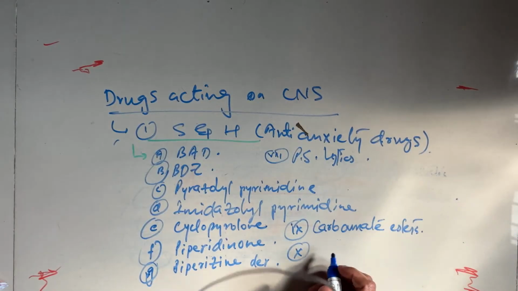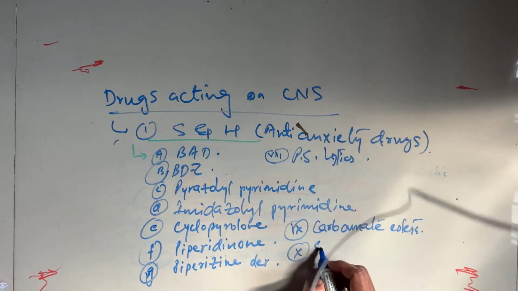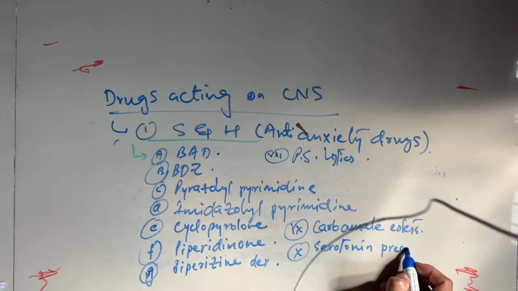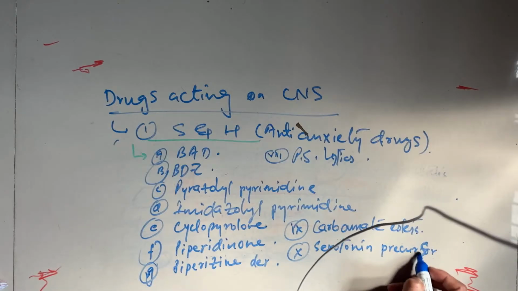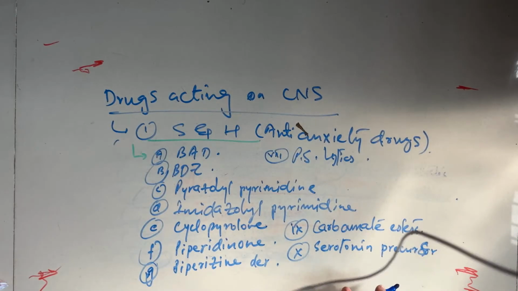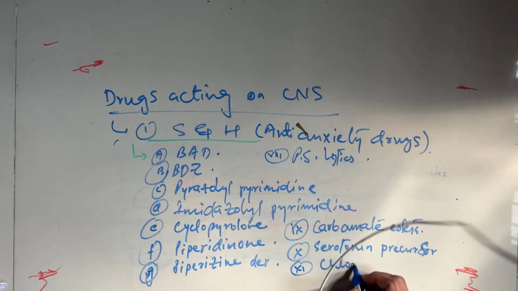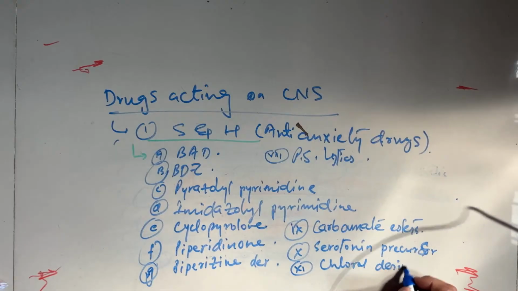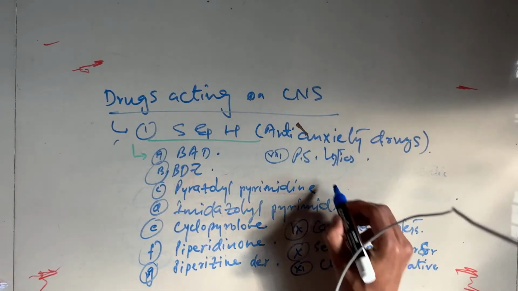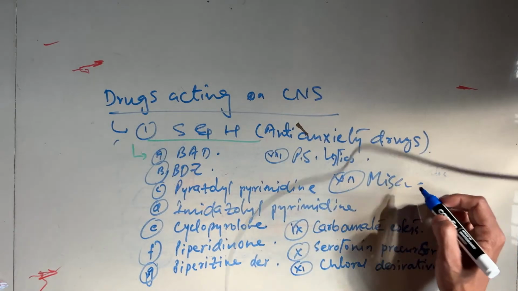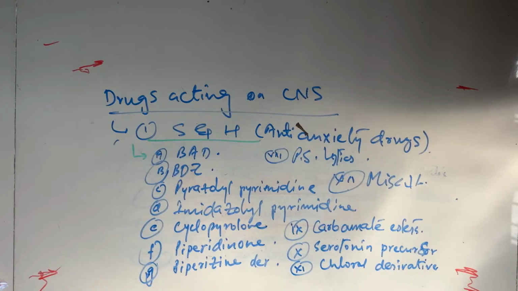And number 10, serotonin precursor. Right? Number 11, chloral derivative. And number 12 is miscellaneous. Up to this, okay?